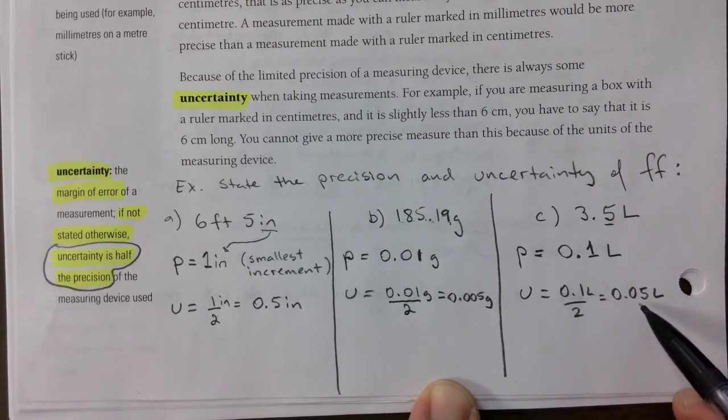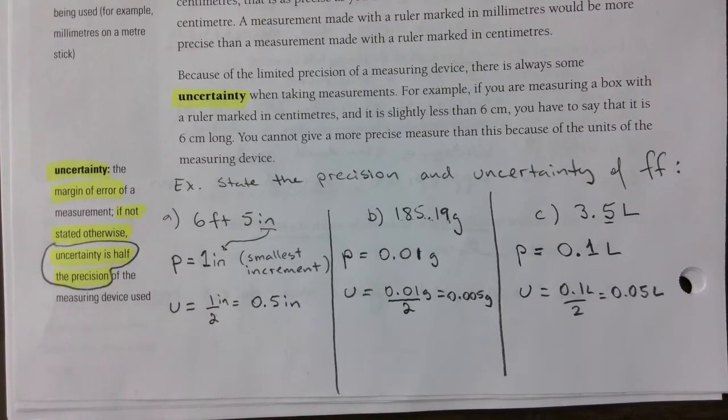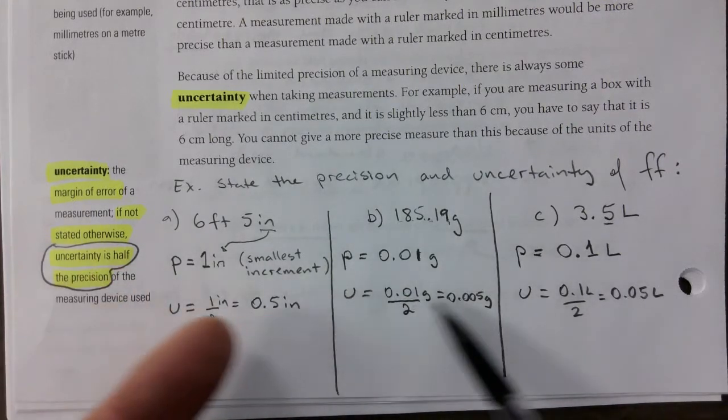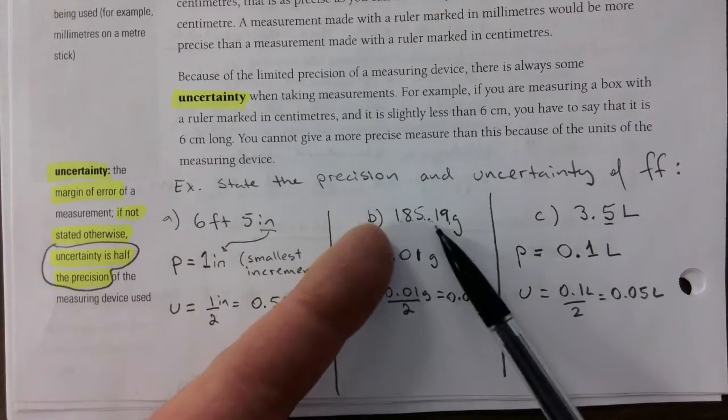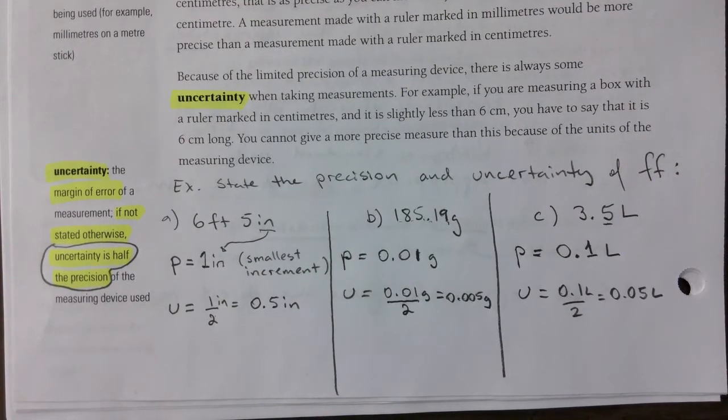That's the pattern. You get an extra 0 and then you end up with a 5 in this case. Okay, so that's how we get our precision and our uncertainty just by looking at the measurement, because they don't show you the device that has been used, so that's all we have to go by.